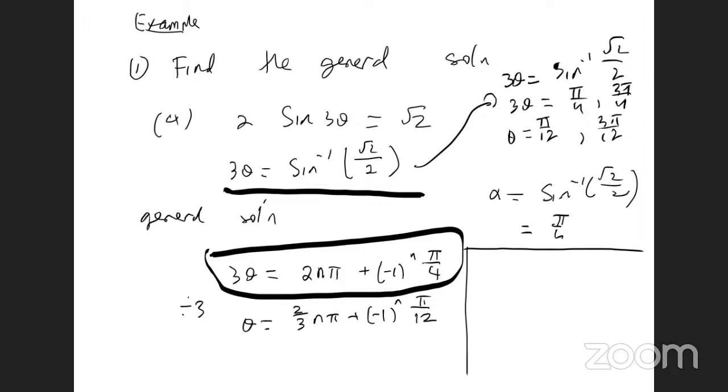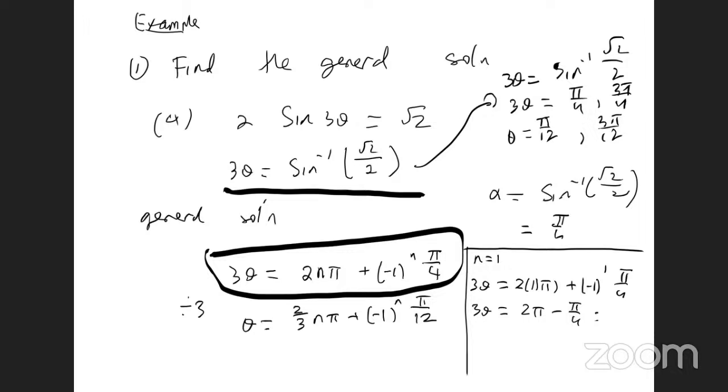So let's put n as 1 and see if we could get the first thing. We get 3 theta is equal to 2 by 1, which is 2 pi, plus minus 1 to the power of 1 by pi on 4. So 3 theta is equal to 2 pi minus pi on 4.